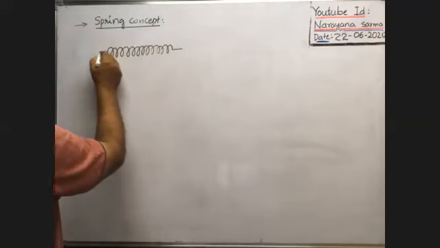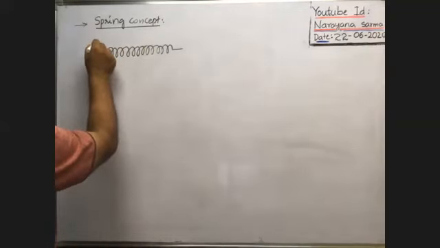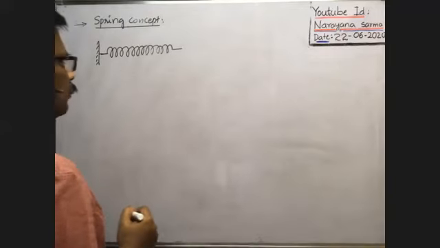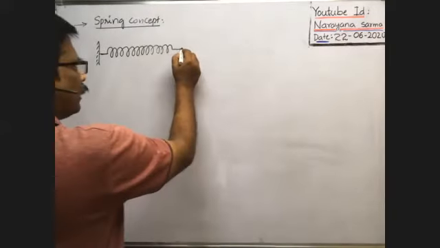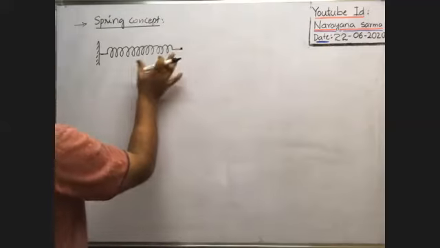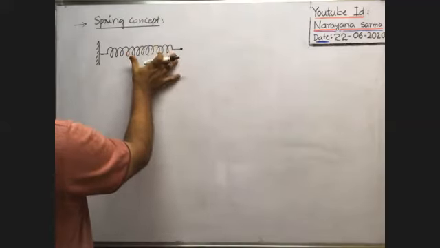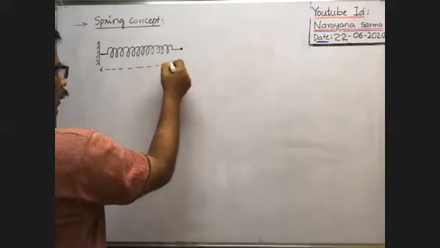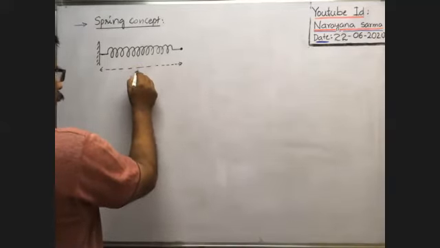It is a uniform spring whose one end is fixed. At the other end, whenever no force is applied on the spring, the length of the spring is equal to say L0.